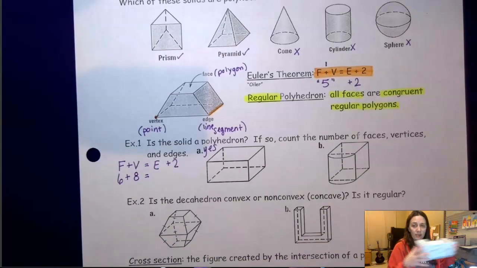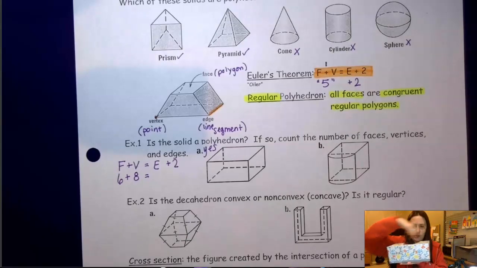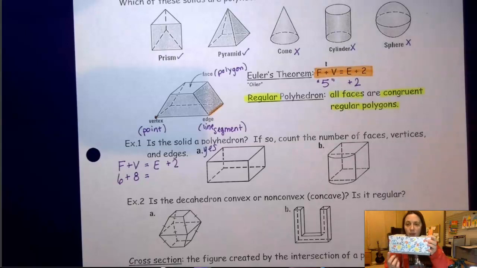Now you have to ask yourself how many edges do you have. So on the top I have 1, 2, 3, 4 edges. On the bottom I have 1, 2, 3, 4. That's 8. On the side I'm only going to count these 2 because I already counted the top and the bottom. So I have 8, 9, 10, 11, 12.